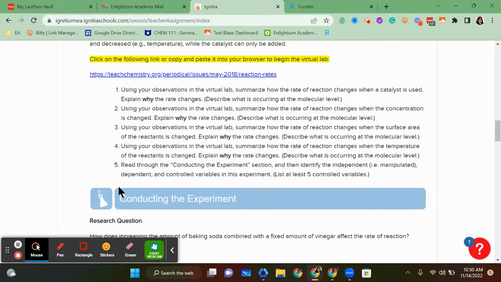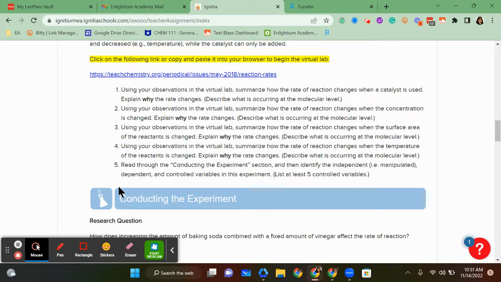Are the molecules colliding faster and making the reaction rate increase, or are the molecules moving slower, making that reaction change slower? So that's what you're going to do with the first part.